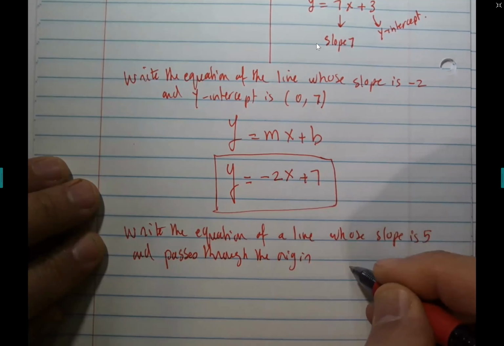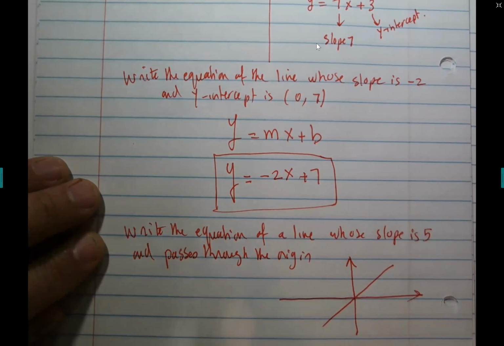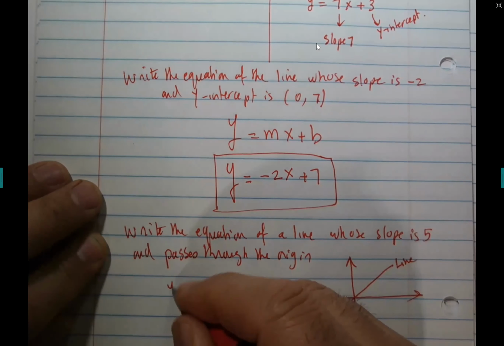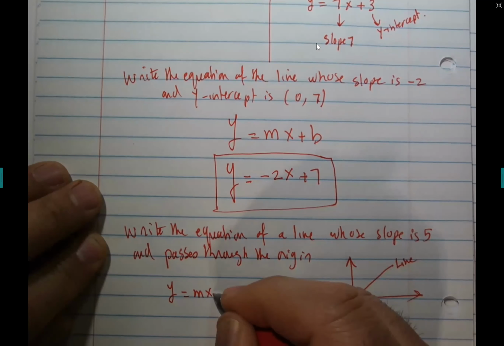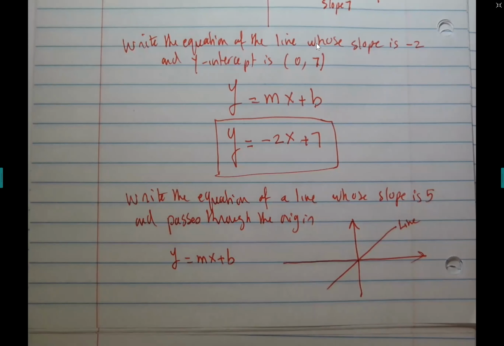So your line is like this, guys. It goes through the origin. That's our line. What would be the equation? I'll write the formula, mx plus b. Okay, who can tell me what the equation is?